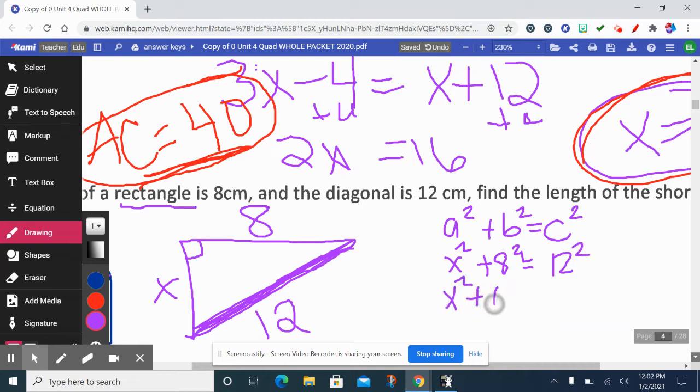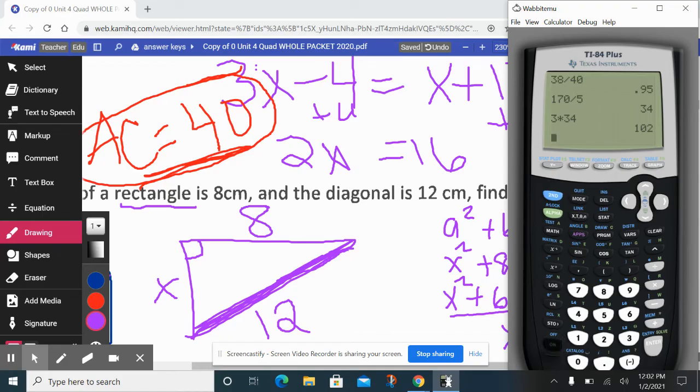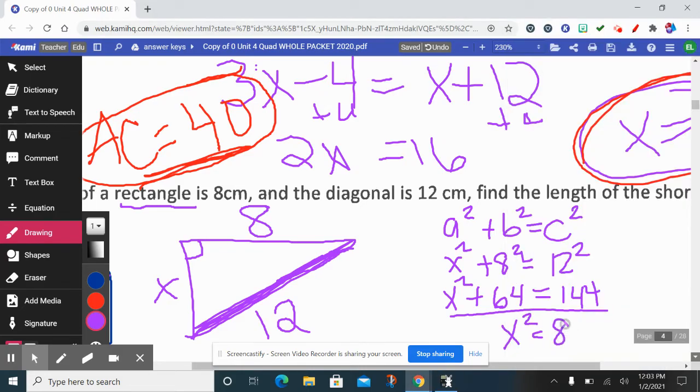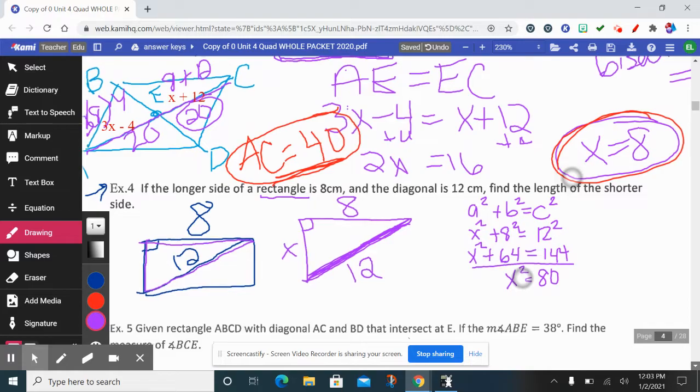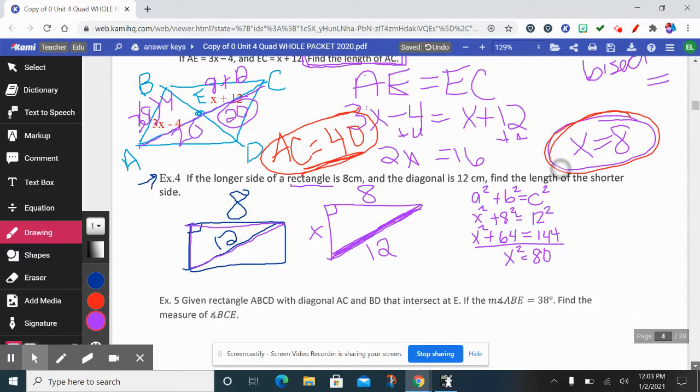x squared plus 64 equals 144. Subtract your 64 over, x squared is going to equal 80. So let's try that. 144 is 12 squared, minus 64, which is 8 squared, gives us 80. Now, it doesn't ask you how to round this. So what we're going to do is take the square root of both sides.